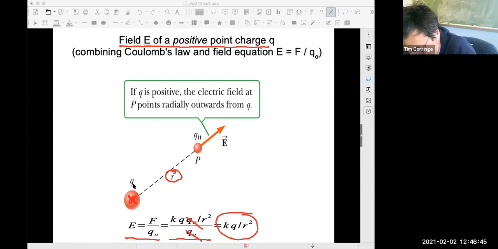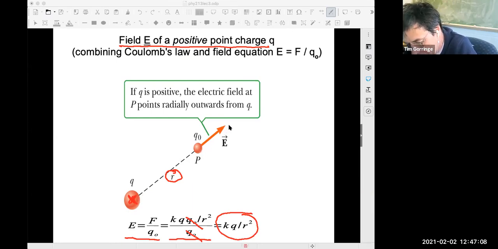Now, for a positive point charge, the field is defined as if the test charge was positive. So if you've got a positive source charge and a positive test charge, then there's a repulsive force between the source charge and the test charge.